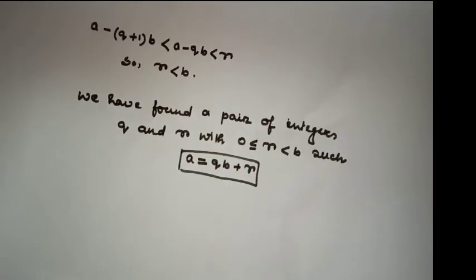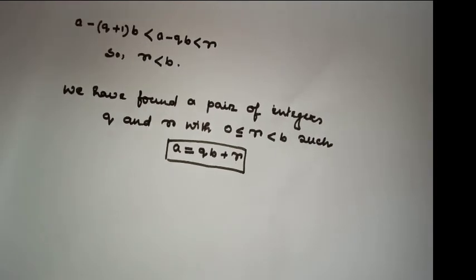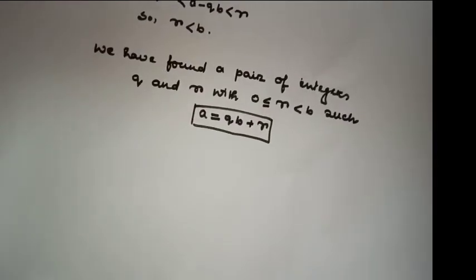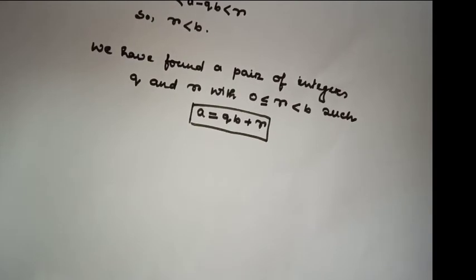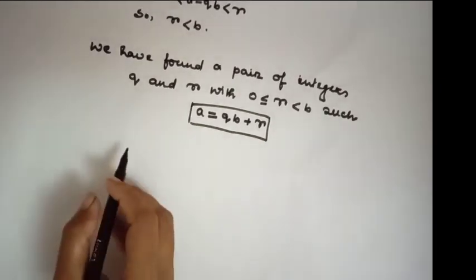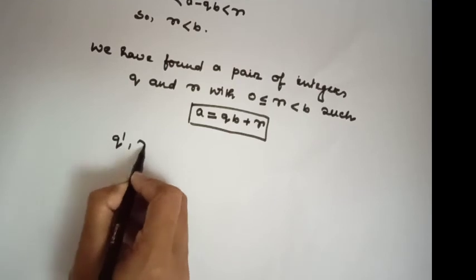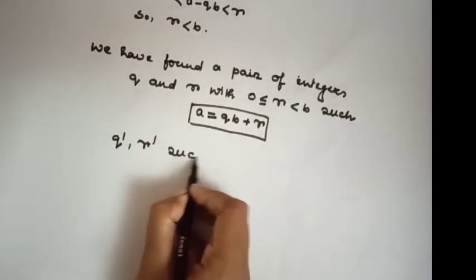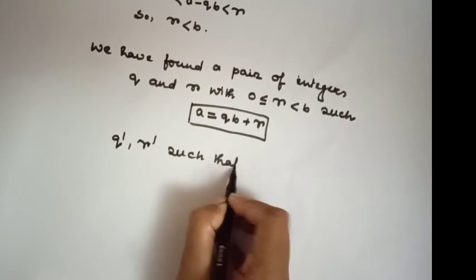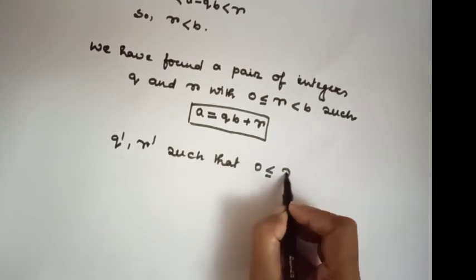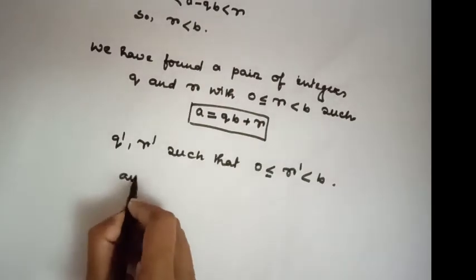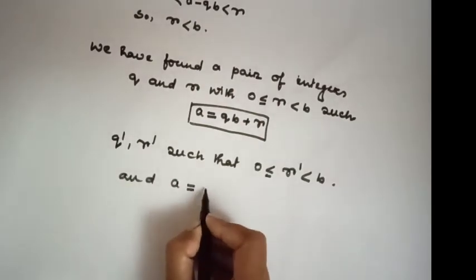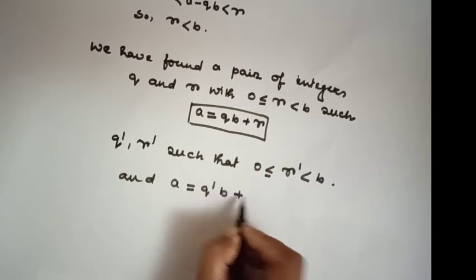Now we have to prove the uniqueness. Let's see by contradiction. Suppose there exists another pair of integers q dash and r dash such that 0 is less than or equal to r dash strictly less than b, and a equals q dash b plus r dash.